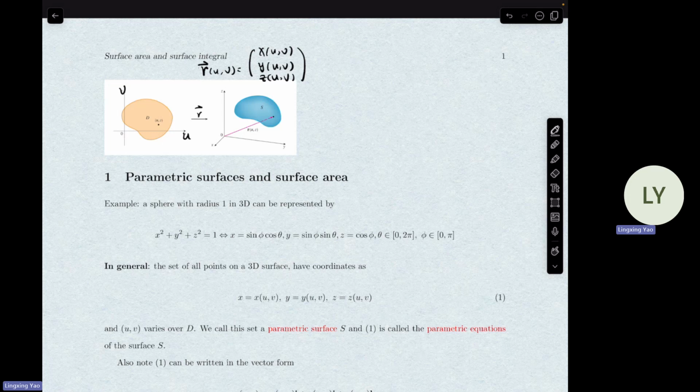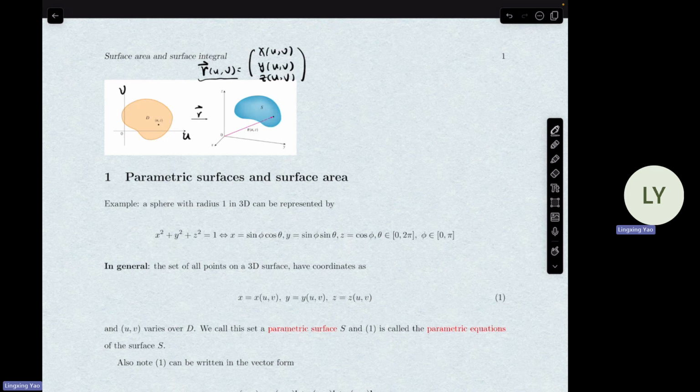Remember, R is the so-called position vector, and the tip or head of the arrow is actually a point in space over here.